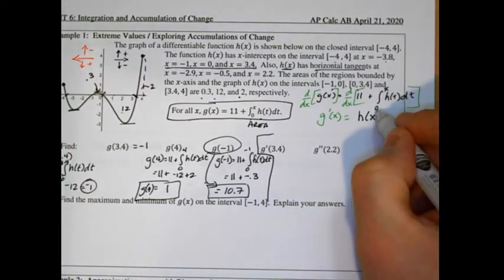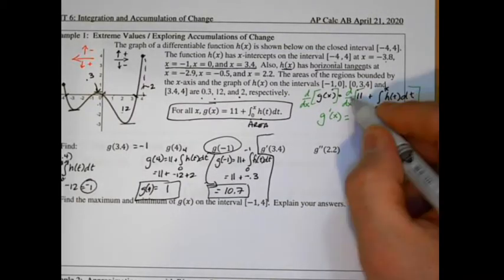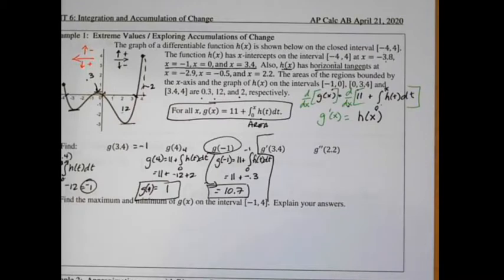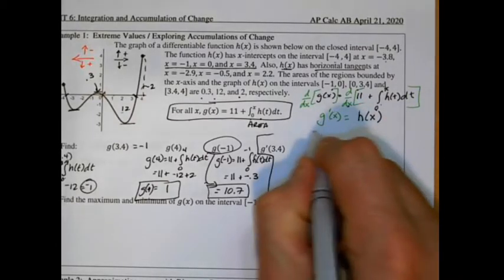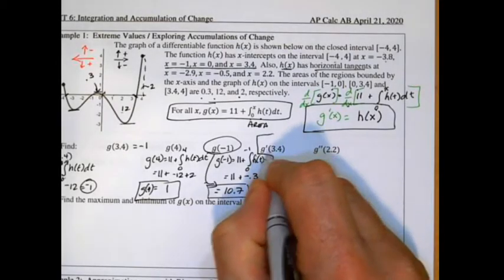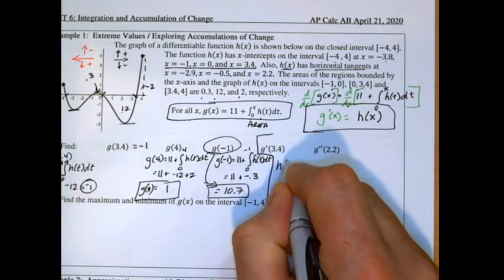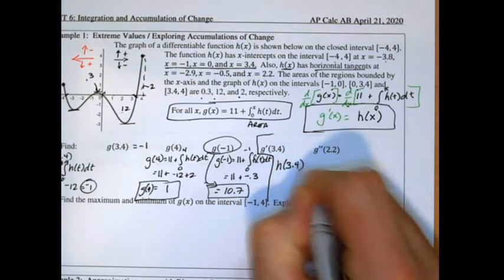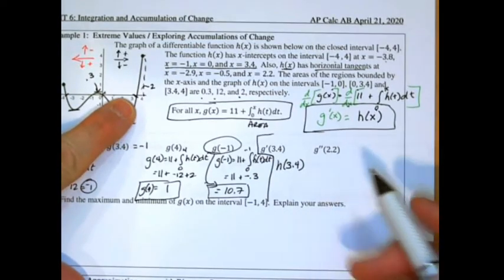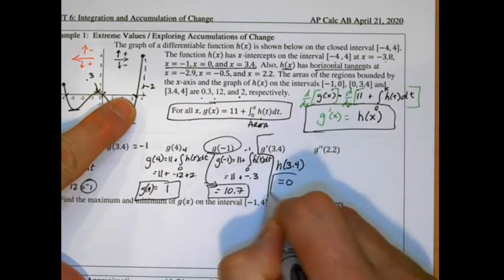Because if I go from 0, they're basically going to knock each other out. So the slope is going to be the value. If I'm looking for g prime of 3.4, I'm looking for h of 3.4. We know the value of h at 3.4 is 0.